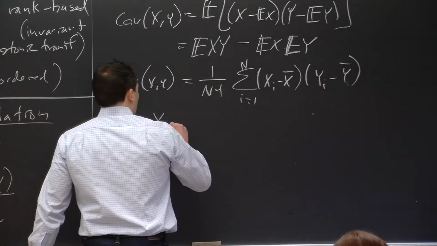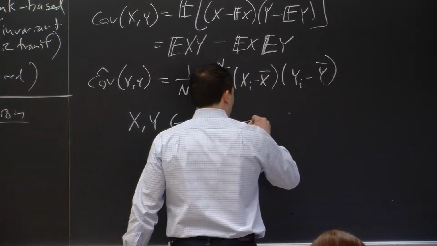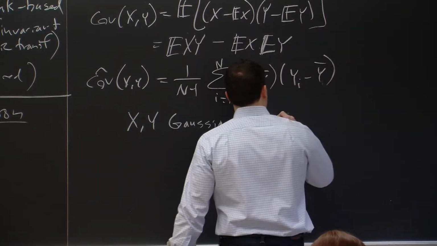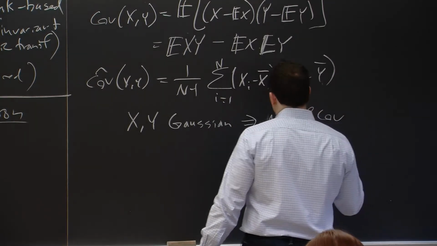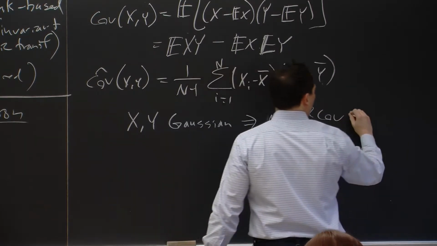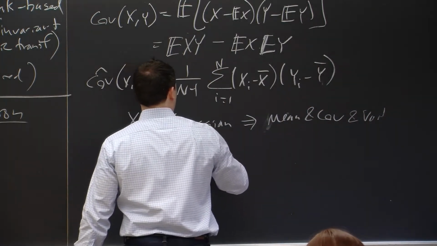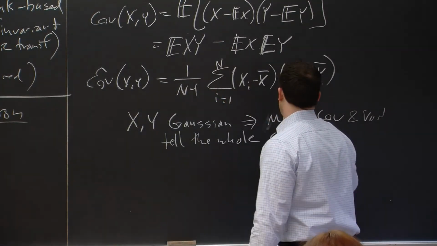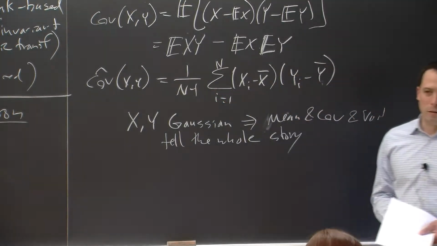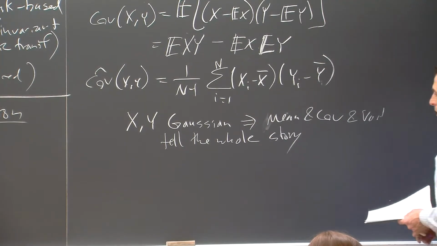And when x and y are Gaussian, mean and covariance and variance, so the covariance matrix, tell the whole story. In other words, completely describe the joint distribution. But for non-Gaussian variables, it's just one descriptor, which may or may not be the whole story.